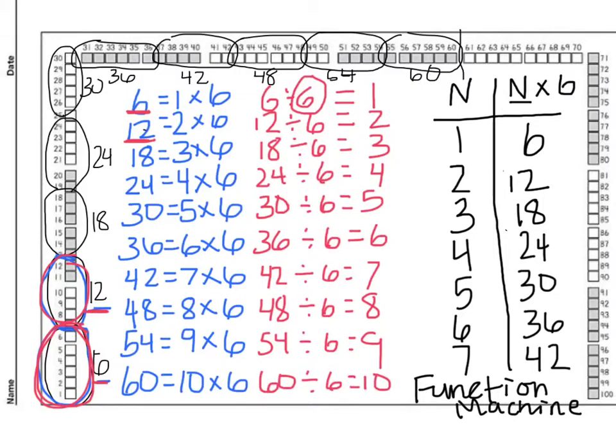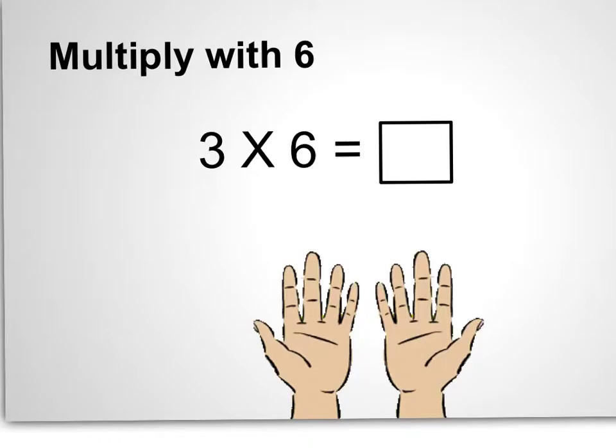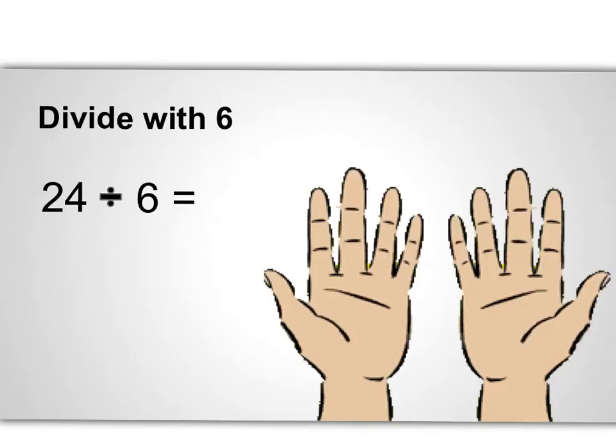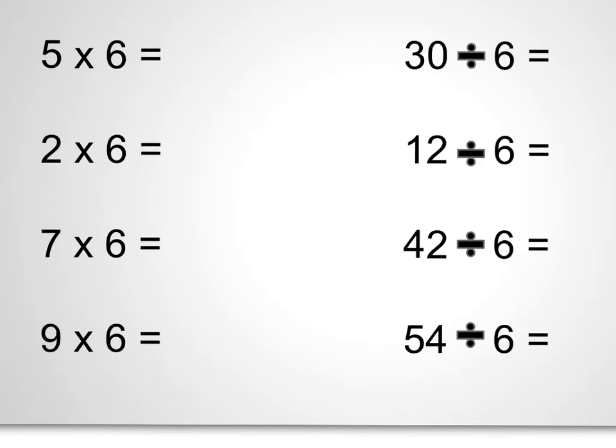All right, so I was able to go all the way to 7 in my function machine, and when I do 7 times 6, I got 42. You may have gone farther than that. I just ran out of room on my whiteboard. All right, nice job. Continue to practice multiplication and division by 6. In fact, I'm going to leave these numbers up on the screen, and I want you to solve them on your whiteboard.